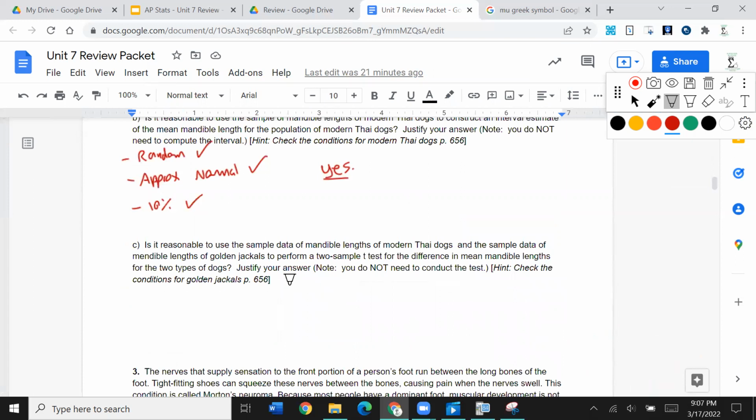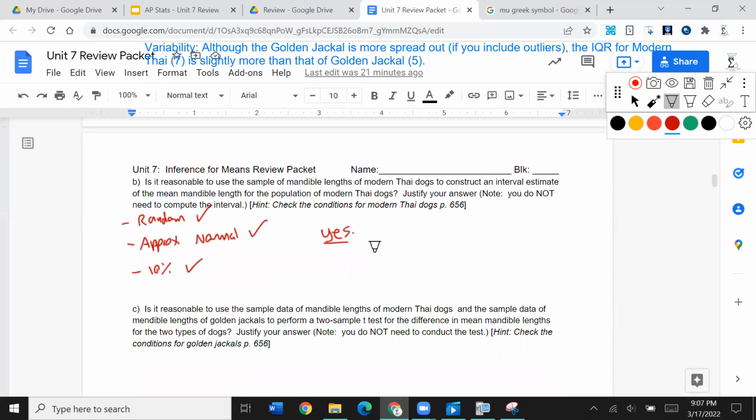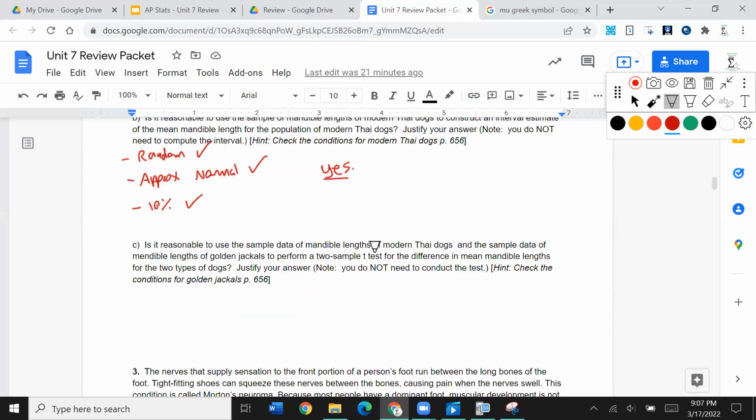The next part: is it reasonable to use the sample data of mandible lengths of modern Thai dogs and the sample of mandible lengths of golden jackals to perform a 2-sample t-test for the difference in means? While we've met the normal condition for the modern Thai dogs, the problem is the golden jackals have those outliers, right?